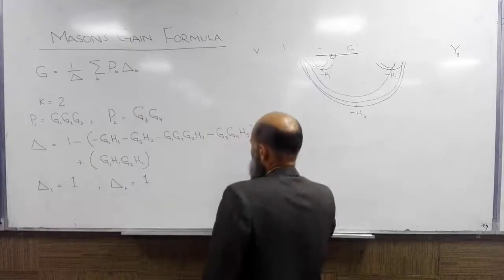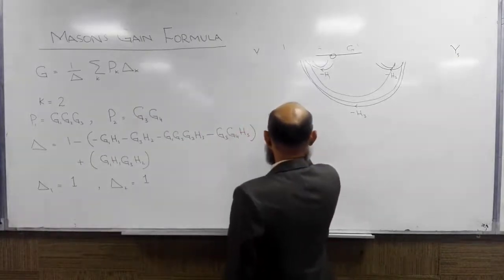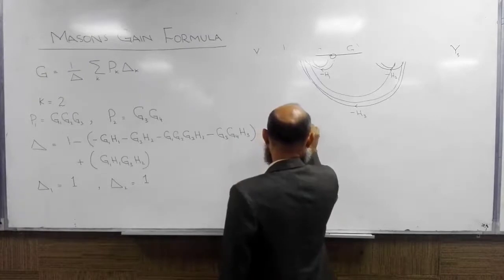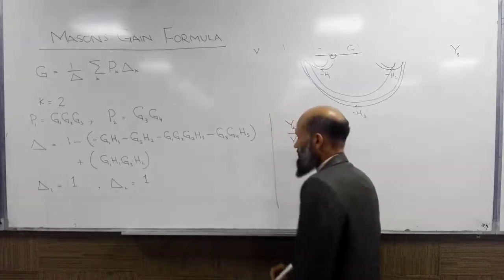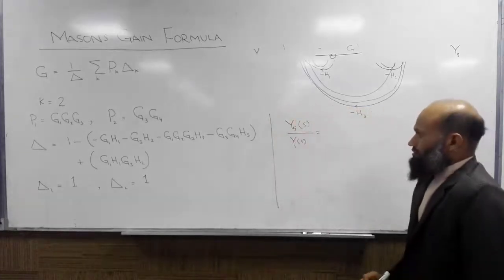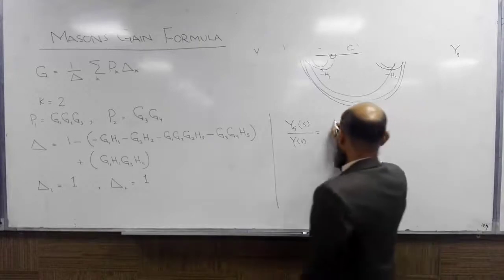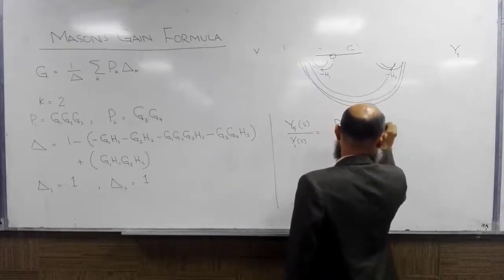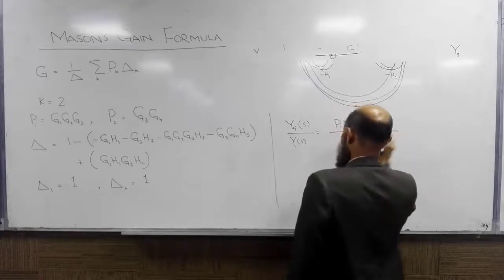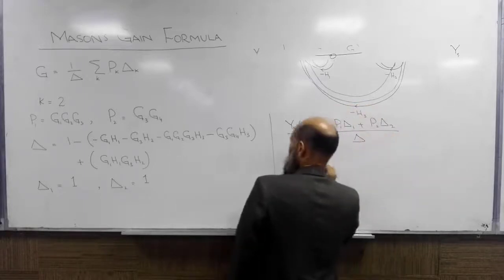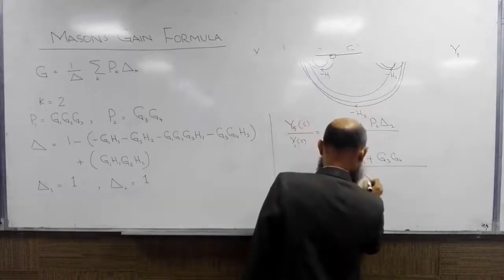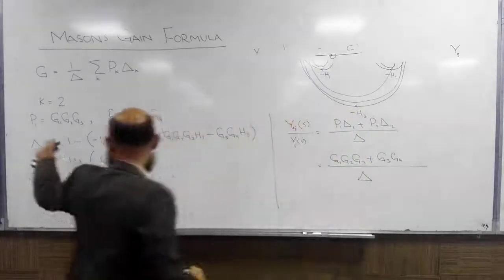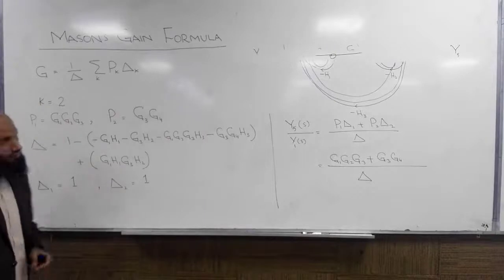And therefore the transfer function between this signal y5 and the input y1, that is Y5(s) over Y1(s), is equal to P1 delta 1 plus P2 delta 2 over delta, where delta is this expression, right?